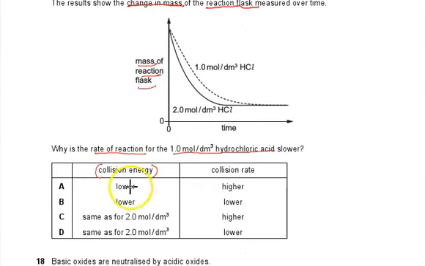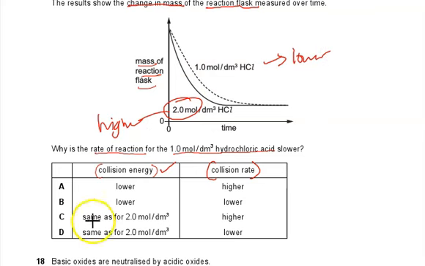So the collision energy and we have a collision rate. No matter what concentration we are going to use, the collision energy remains the same. Okay, but the collision rate will differ, slower or higher. So the higher the concentration, we will have a higher collision rate, and the lower the concentration, we will have a lower collision rate. So it should be D as your answer.